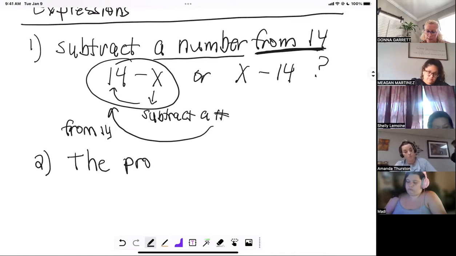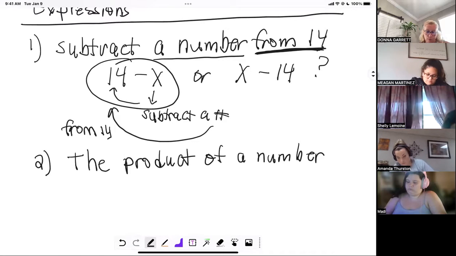So, the product of a number and 14, plus 1.